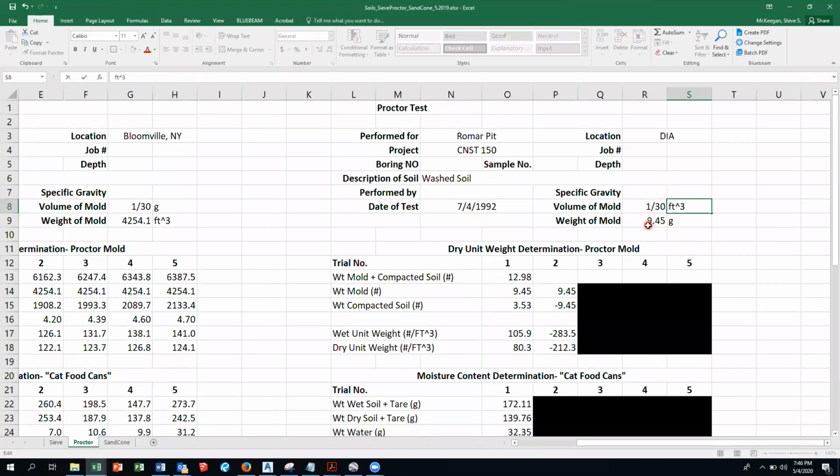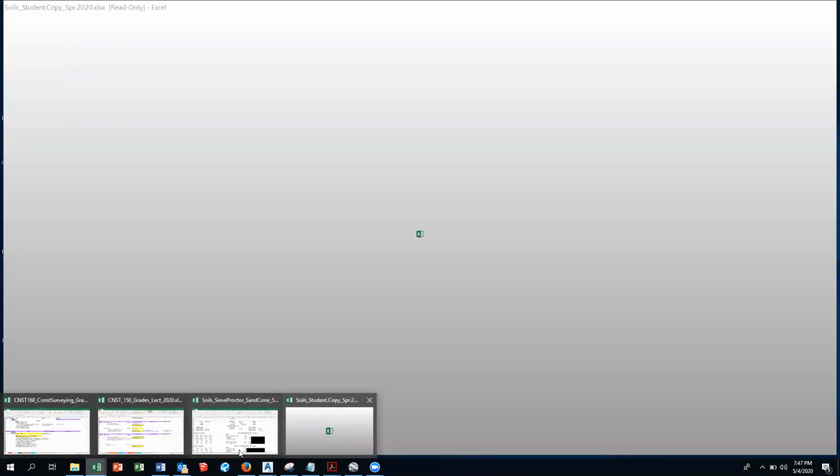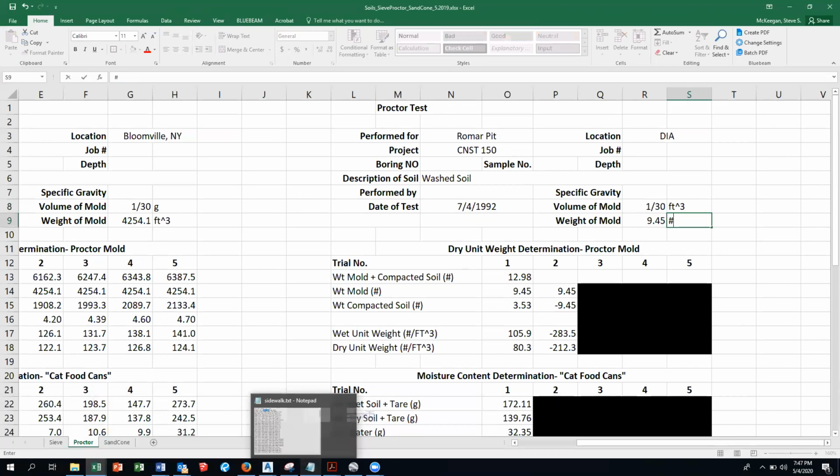He weighs the mold, 9.45 grams or pounds. And then the weight of the mold is right here. Okay, so we're going to follow these along, and then we're going to discuss it even more on Thursday.